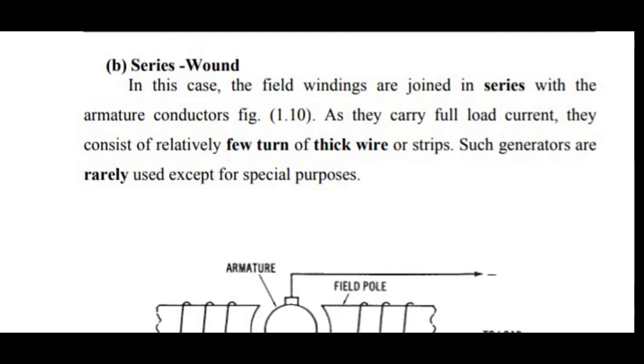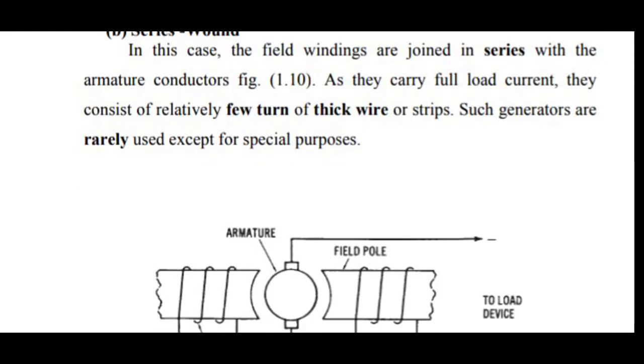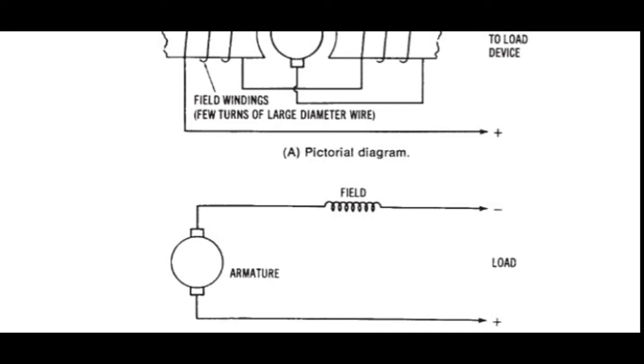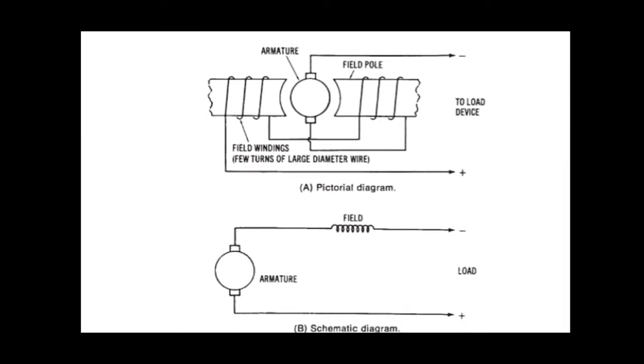If the field winding resistance is lower, then the current it can carry is more. So few turns and thick wire. Thick wire, because the resistance has to be decreased, so the wire must be of larger cross-sectional area. So this is the diagram of the series generator.